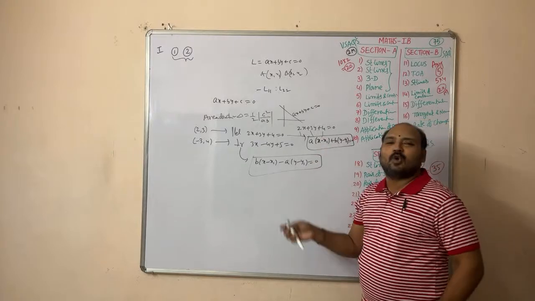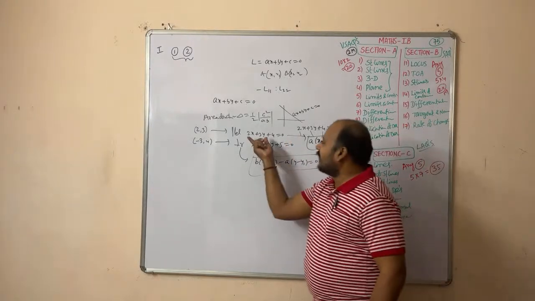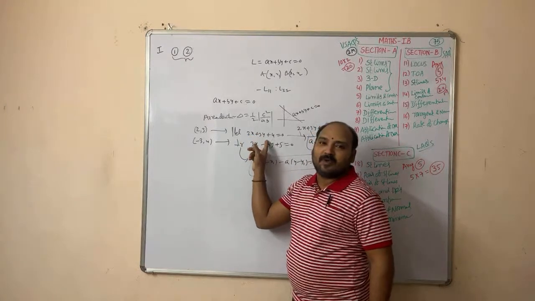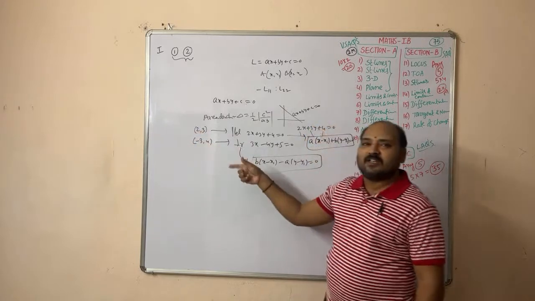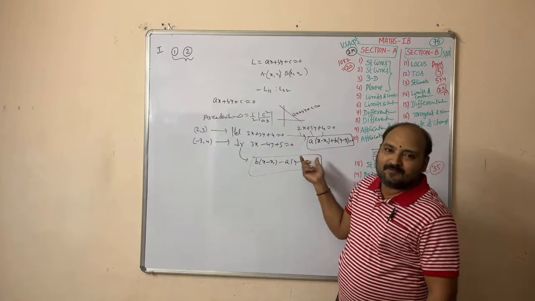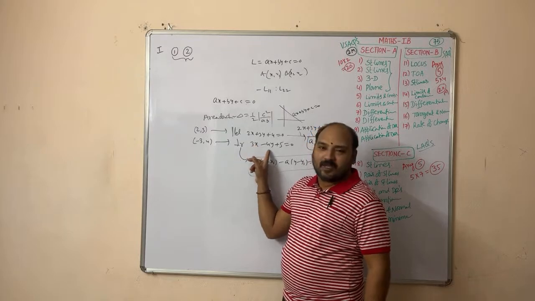You can approach other methods also. Find the slope of this line, minus a by b, minus x coefficient by y coefficient, and passing through this point x1, y1. y minus y1 equal to m into x minus x1 also you can apply, you will get the answer. For this question, find the slope, here m is equal to minus a by b.